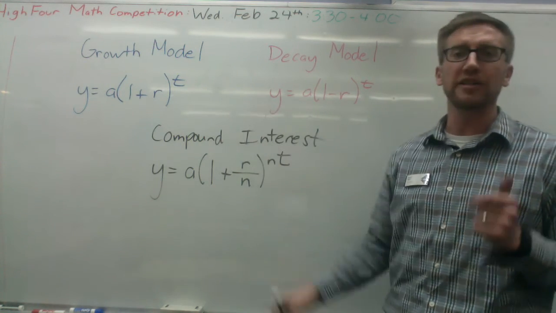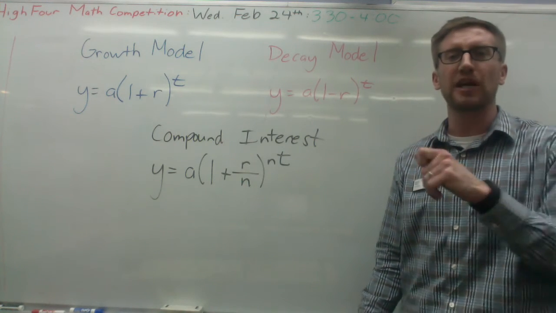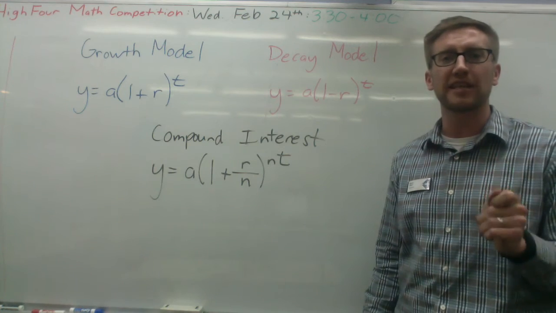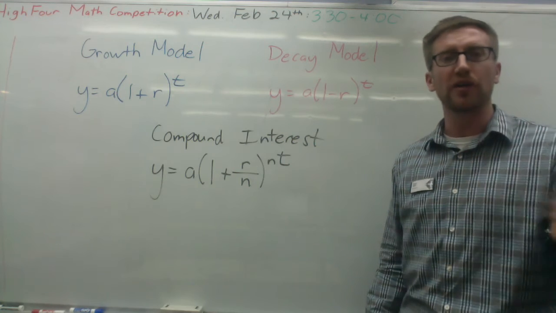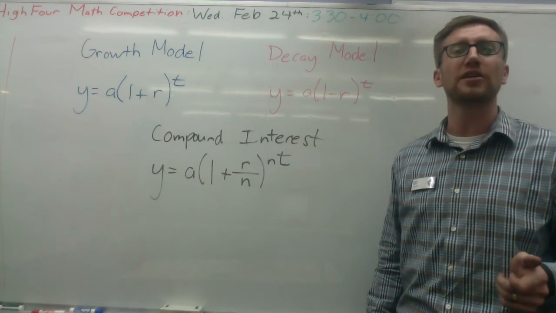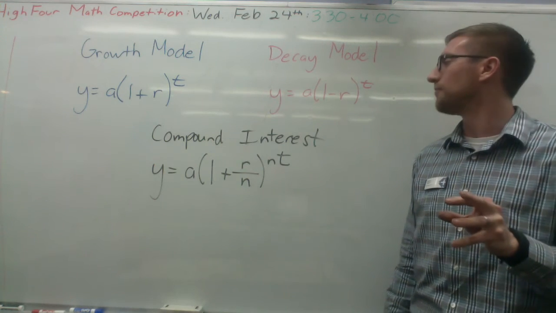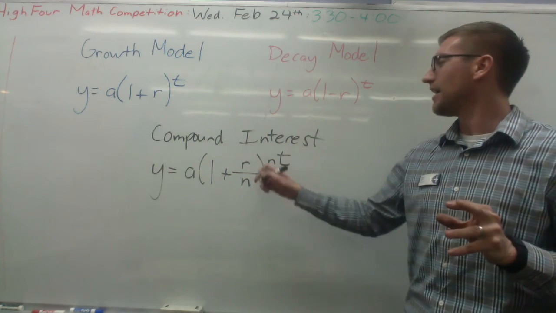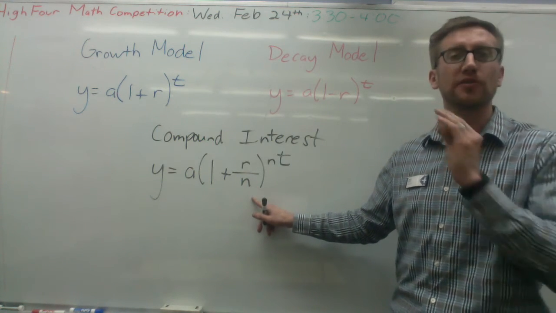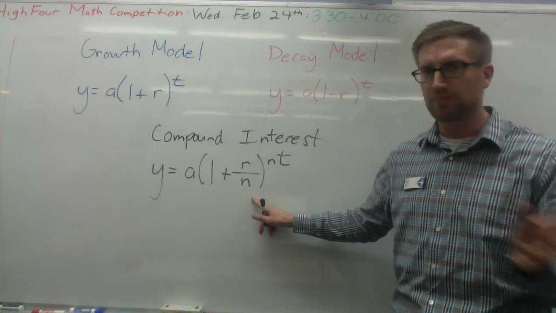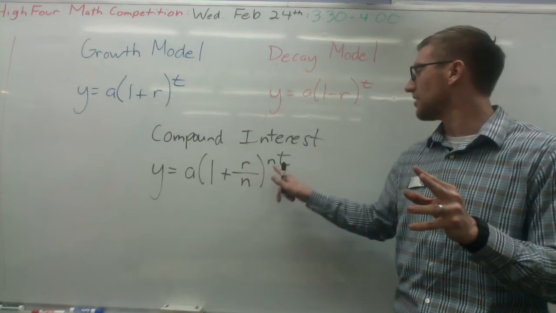R is the rate at which it is growing or decaying: 8%, 10%, 12%. Just make sure you put it in as a decimal. T is the time period at which it is growing or decaying. Usually it's years, but it could be in chunks of months, like I had mentioned earlier. Lastly, n for this one is the number of times compounded per year. So if it tells you it's compounded daily, monthly, yearly, put in the specific number for n.